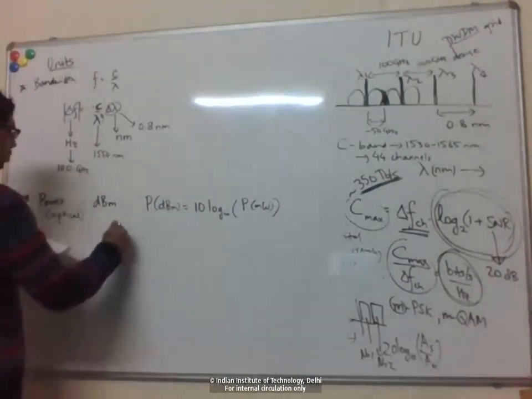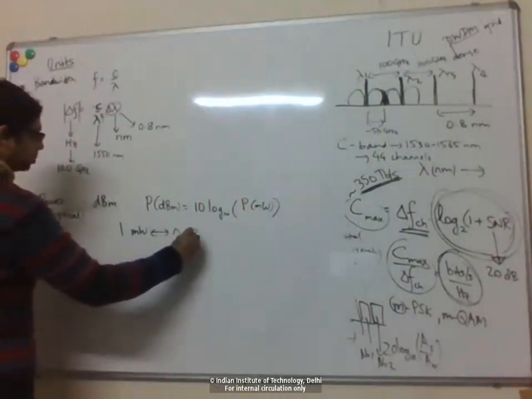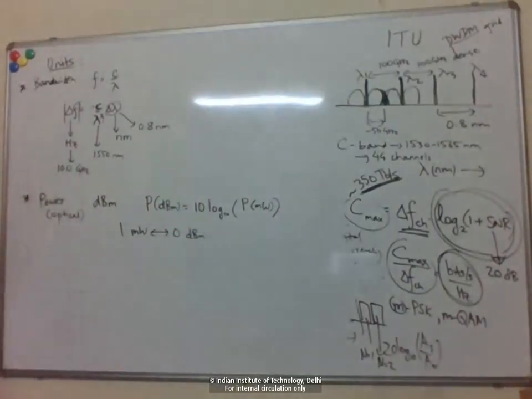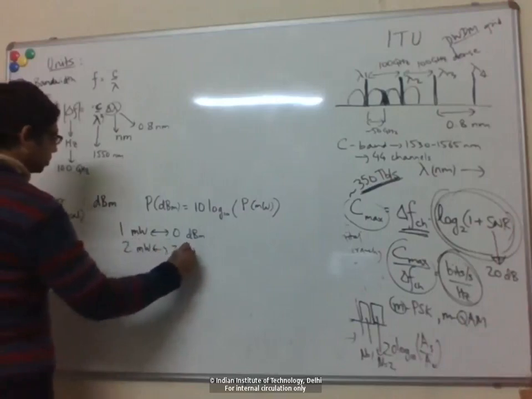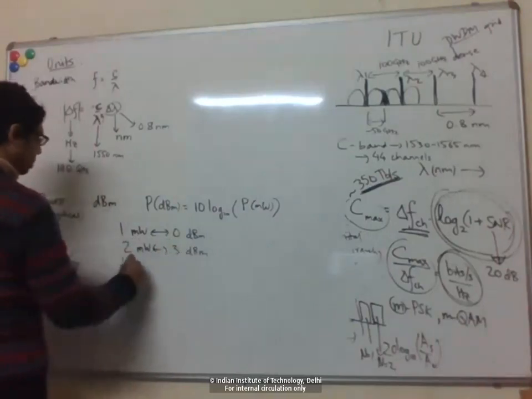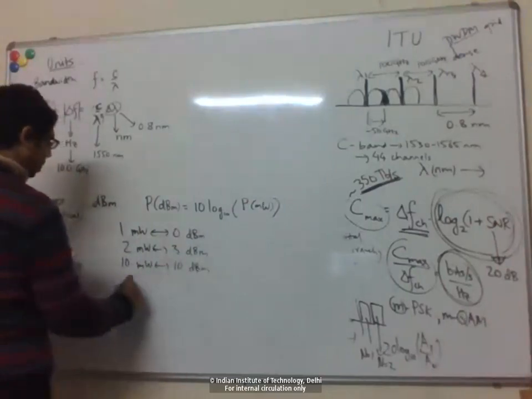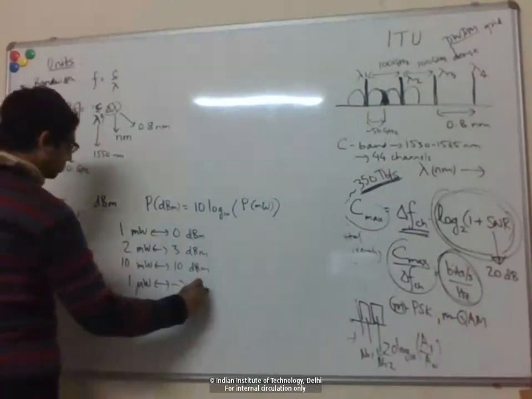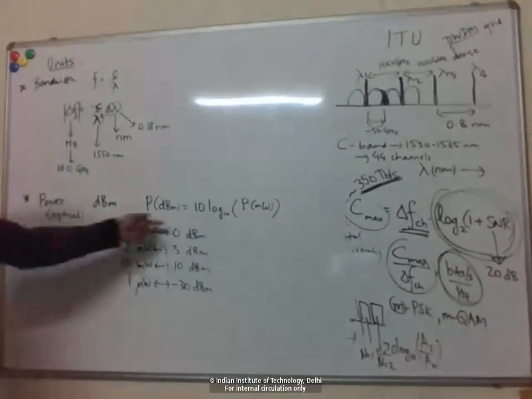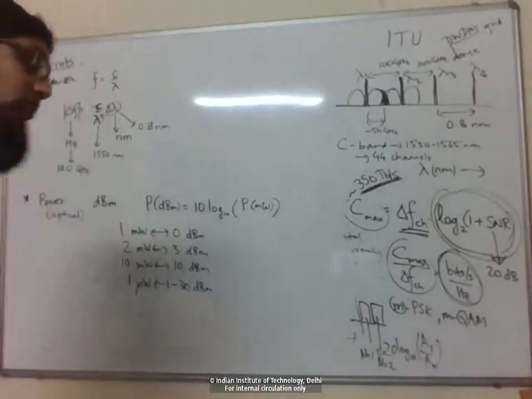Right, so for example, if you have 1 milliwatt of power, that corresponds to 0 dBm. So you can see, for example, 2 milliwatts is like 3 dBm, 10 milliwatts is 10 dBm, 1 microwatt will be minus 30 dBm. Okay, so in dBm units, power can go negative, right? It can also be 0.